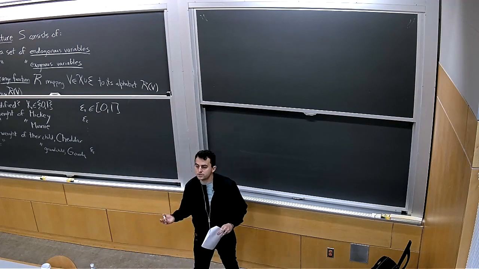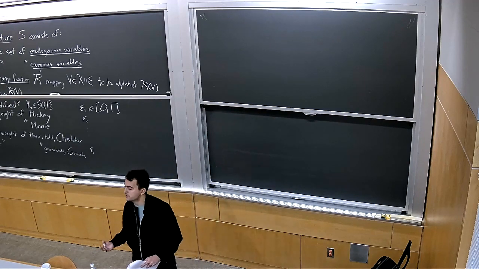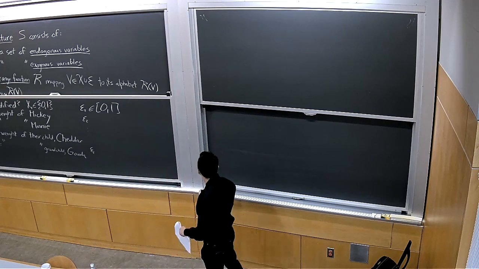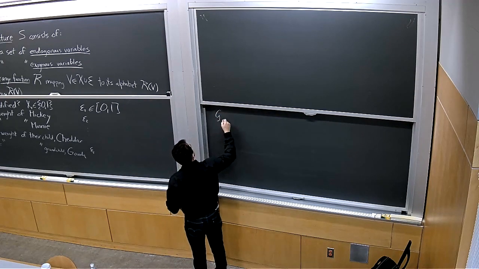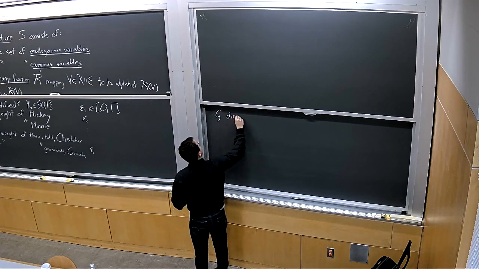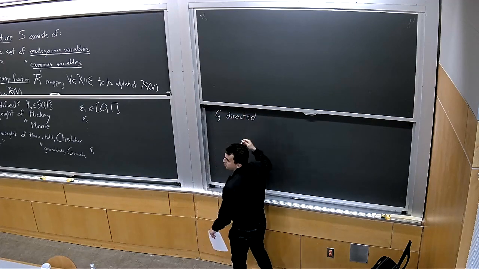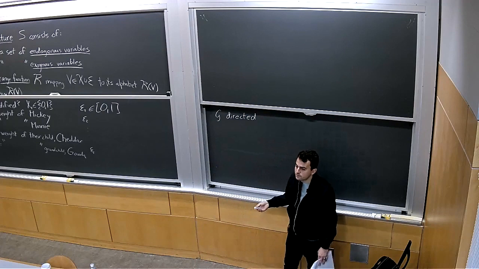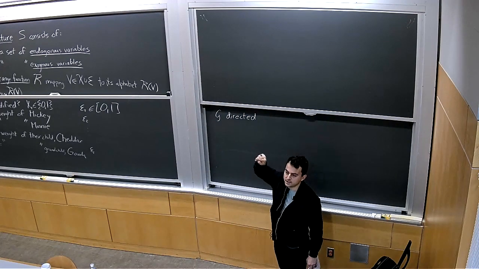So we'll use some standard notation from graph theory. This is for directed graphs. So if I have a directed graph G, let's already make it an acyclic graph. So I never have a cycle like x1 to x2 to x3 back to x1.